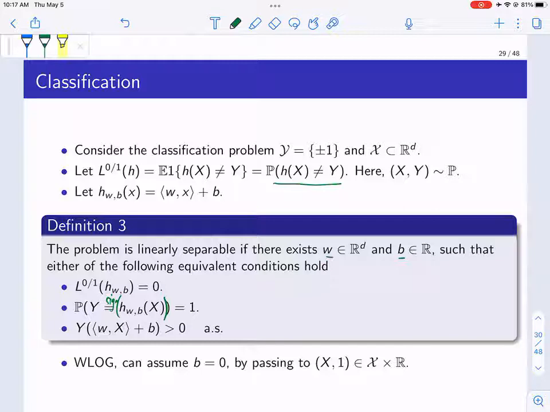We classify according to the sign of this affine function, which tells you which side of the hyperplane the point is on. And this is saying Y is equal to that with probability 1.